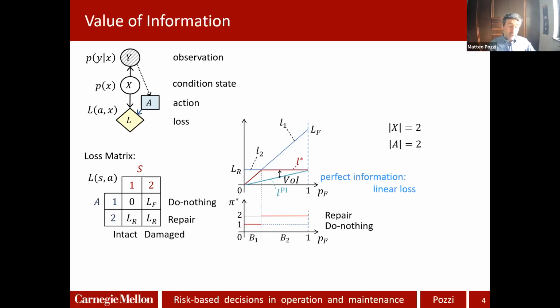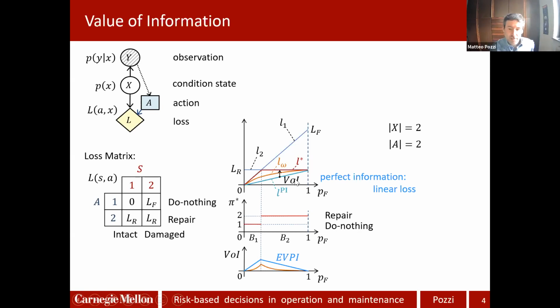And if you consider that you can take perfect information before you take your decision, in turn, the loss that you're going to pay is this linear function plotted in blue. And the difference between the two is, in this case, the expected value of perfect information, that, as you see, is 0 when you know already that the component is perfectly intact or is perfectly failed, and is going up and down in between where there is some value.